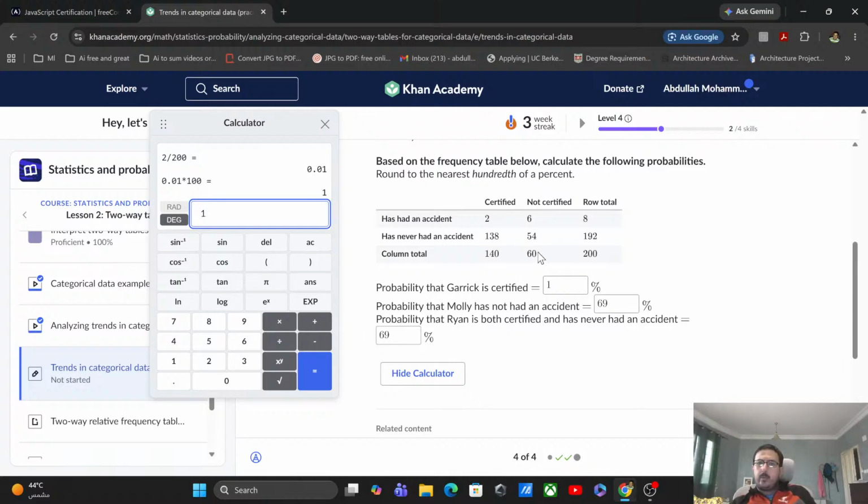Where am I going wrong with this? 2 out of 8 have had an accident.